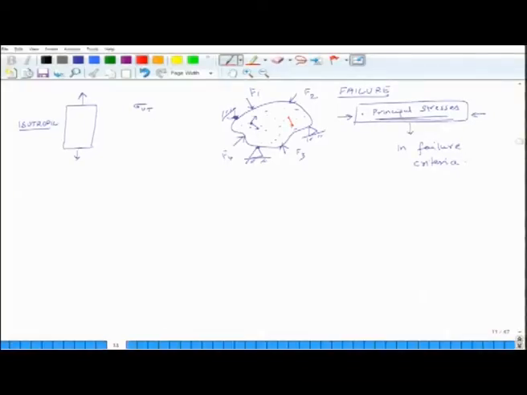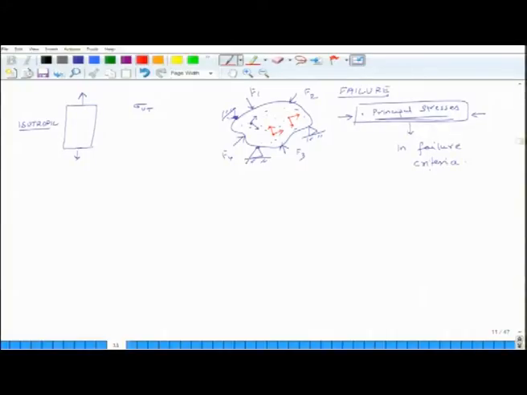Here they may be aligned like this, at another point they may be aligned like this, at a third point they may be aligned like this, right. And the reason we can compare these principal stresses with some failure criteria is because the material is isotropic. So, the strength of the material also does not change with direction.